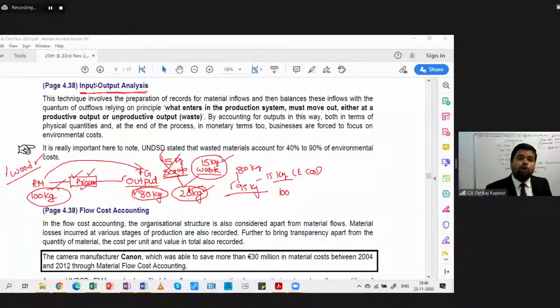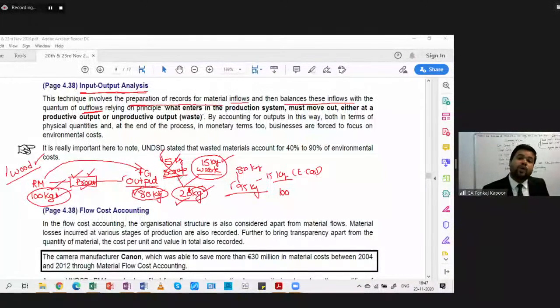So, the input-output method is basically moving along with the preparation of the record of the material inflow and balancing the inflow with the outflow. And if there is a difference between the inflow and outflow, the difference will be considered as material waste.